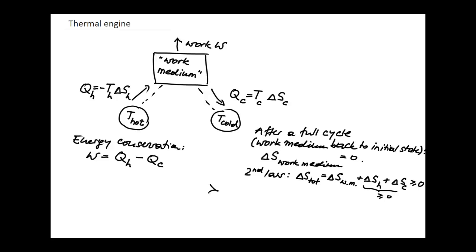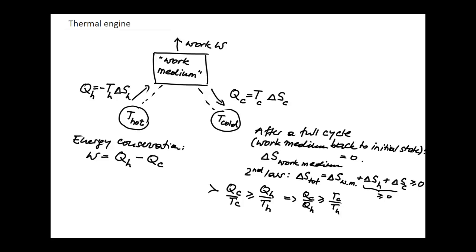And then this condition, that delta S hot plus delta S cold must be larger or equal to 0, translates into: the amount of heat flowing to the cold reservoir divided by the temperature of the cold reservoir must be larger or equal to the amount of heat received from the hot reservoir divided by the temperature of the hot reservoir. Or in other words, Q cold over Q hot is larger or equal to T cold over T hot.